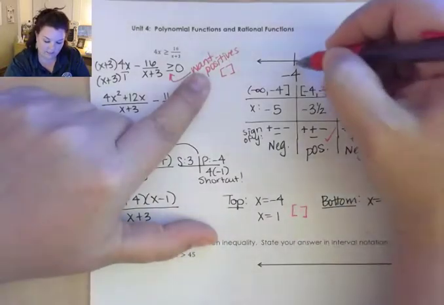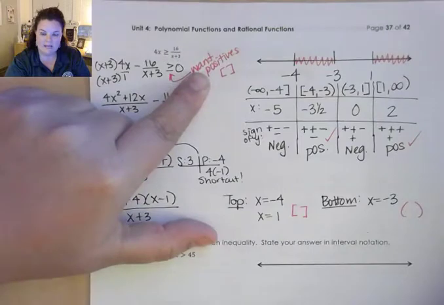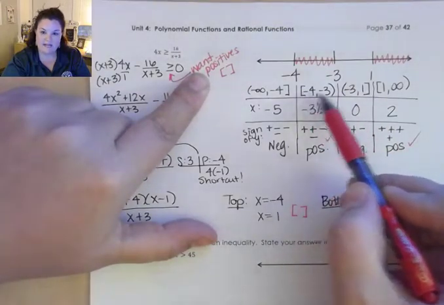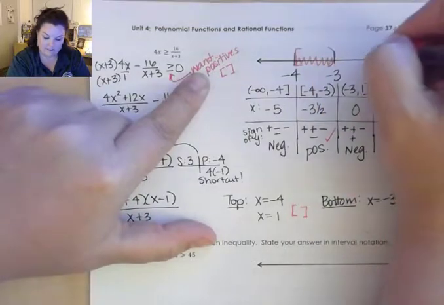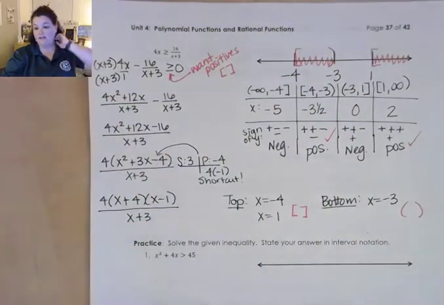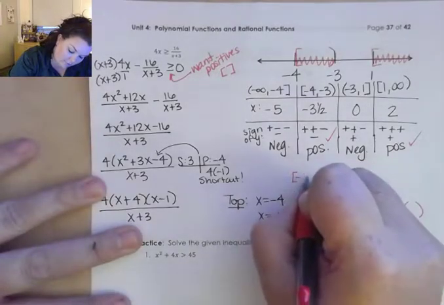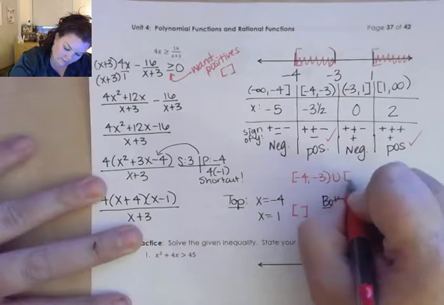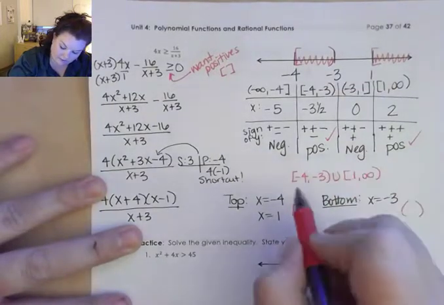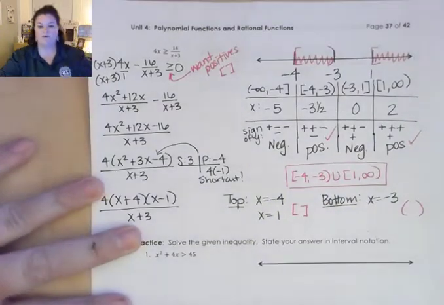So between -4 and -3, and things larger than 1. Then I can just copy the symbols that I had already written down. So bracket at -4, parenthesis at -3, bracket at 1. And then I just need to write my solution set, which would be from -4 to -3, and then from 1 to infinity. Make sure you have the correct symbols for your numbers.